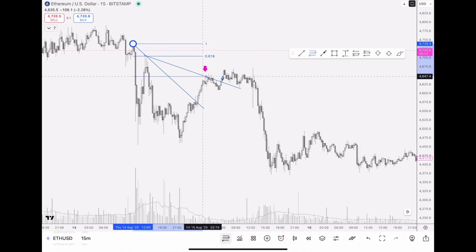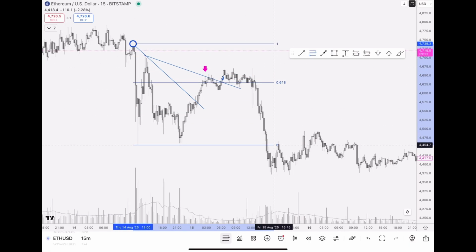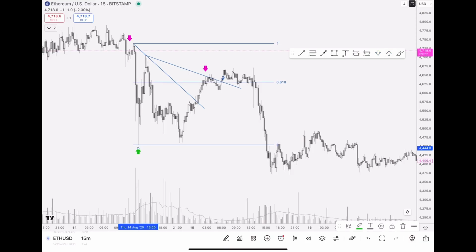I'll draw it for consistency from this top here, select the arrow to that low here to measure the move, and you don't get a signal. By the time you get a signal, you already passed the target. So fine, this one's useless. We'll move to the next one.